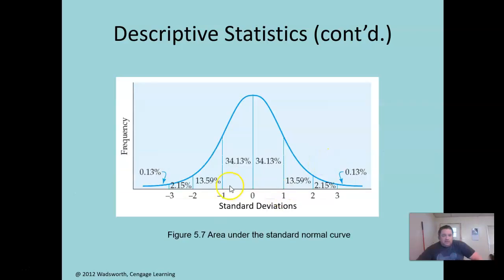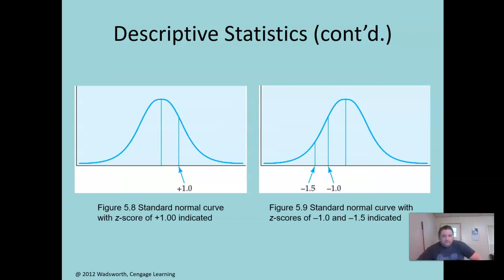And remember, the standard deviations are basically the z-score. So one standard deviation is 1z, 2z, 3z, -1z, -2z, -3z. When we look at the percentages and try to calculate some other things, those are going to be important. So with one standard, figure 5.8, the z-score is 1.